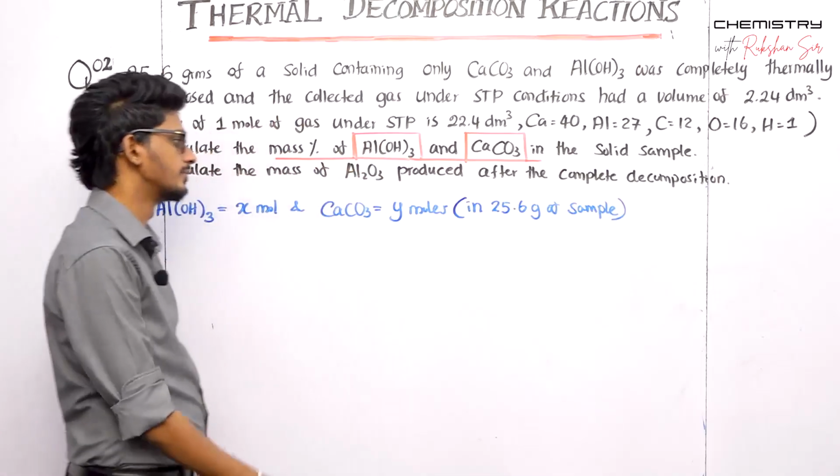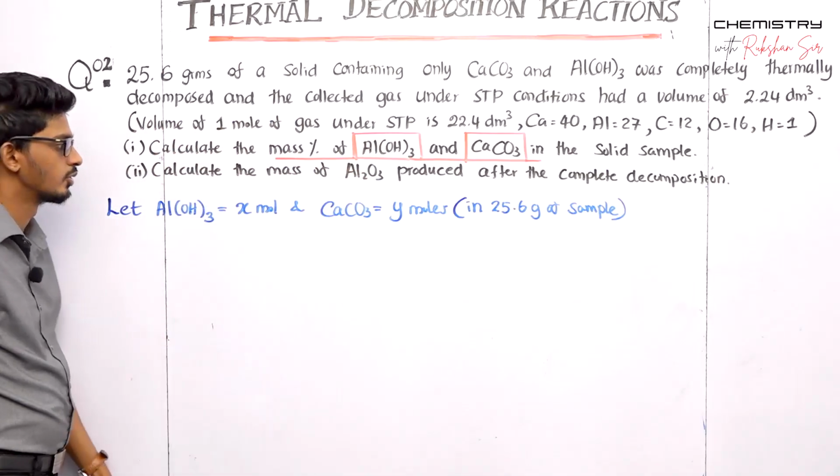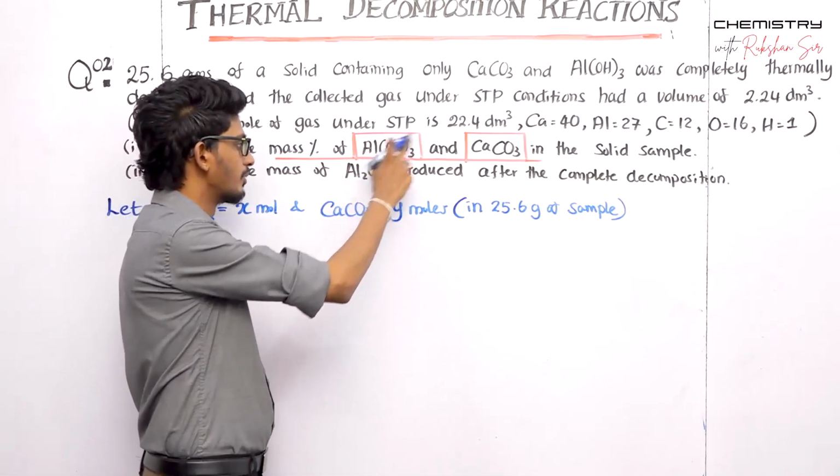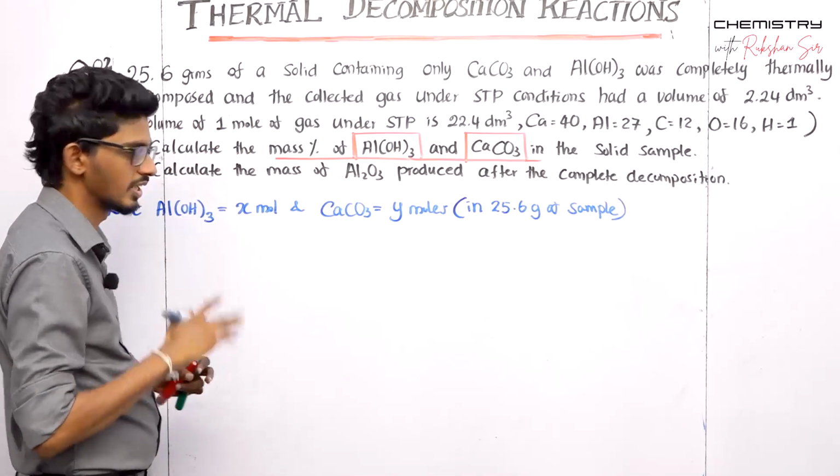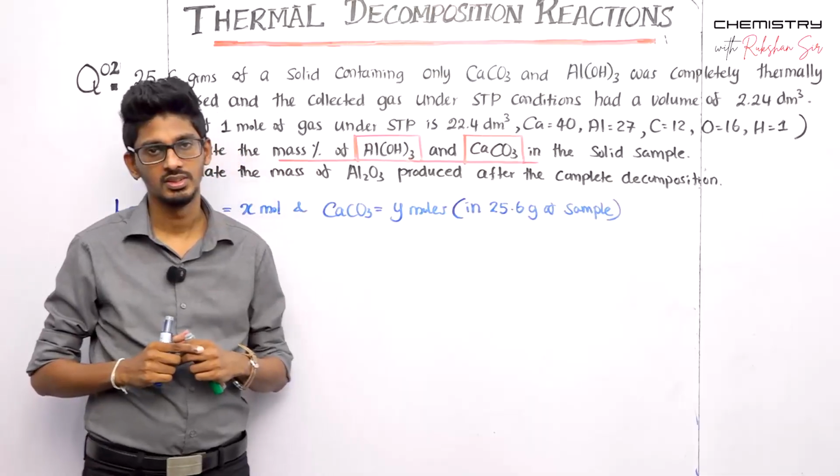That is your goal. Identify the goal, and put x moles and y moles for the two chemicals appearing in the goal. That is done. The first step is done.